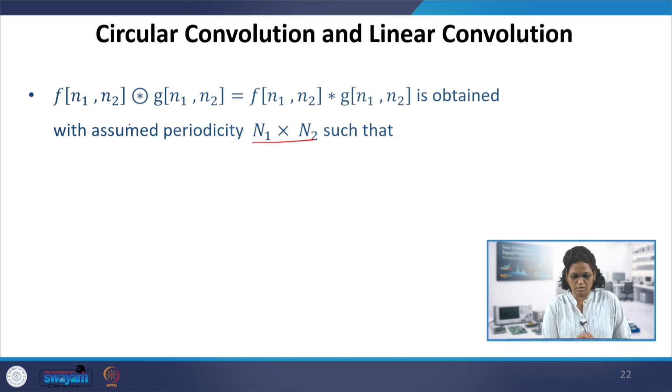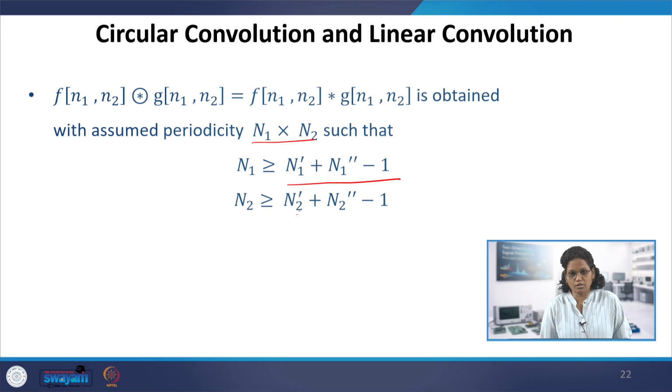In this case, n1 should be greater than or equal to n1 dash plus n1 double dash minus 1, and n2 should be greater than or equal to n2 dash plus n2 double dash minus 1. In the previous 1D case, we saw this as n1 plus n2 minus 1.